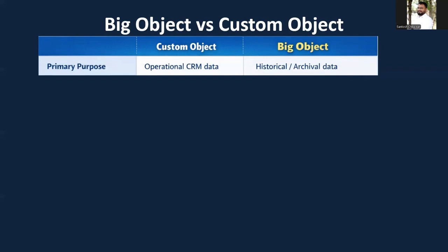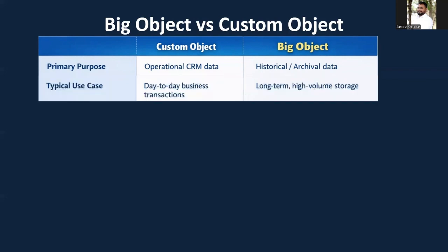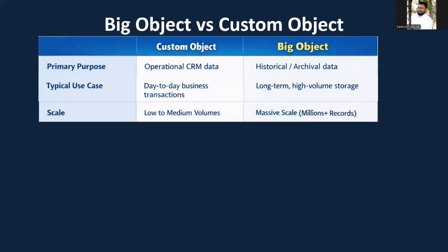Primary purpose. Custom objects are created for operational CRM data, whereas big objects are used for historical and archival data only. Your day-to-day business transactions are for custom objects, and if you have a high volume storage and long-term records, that's where you can use the big objects.